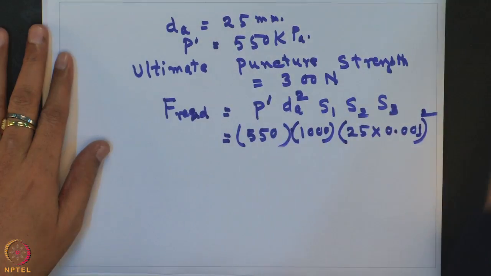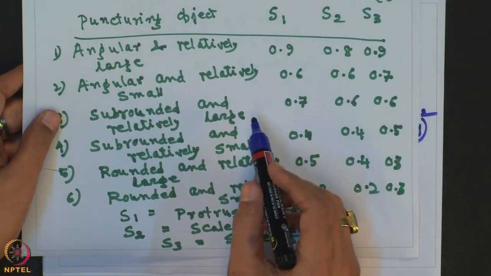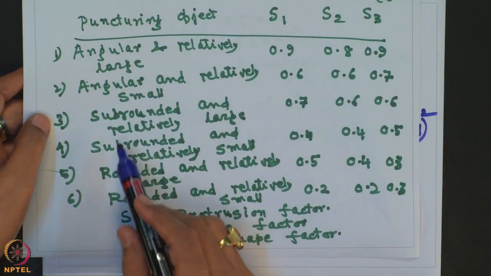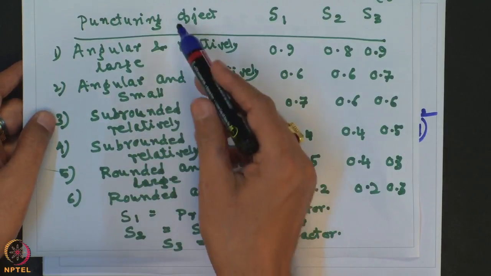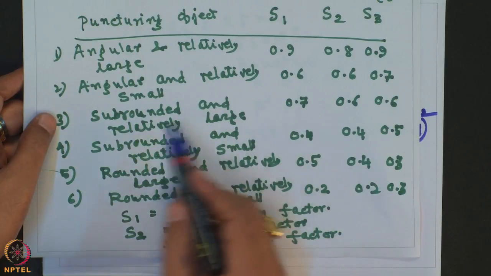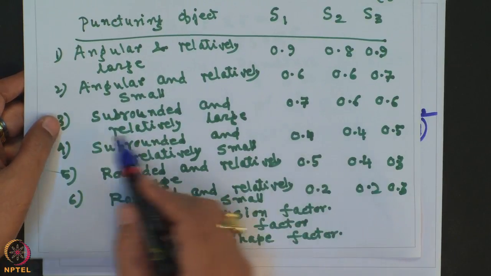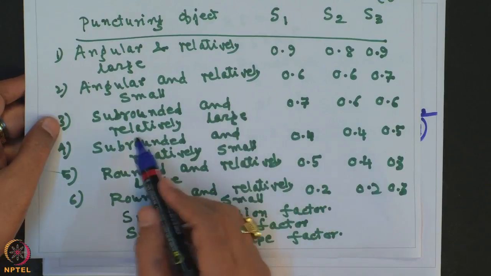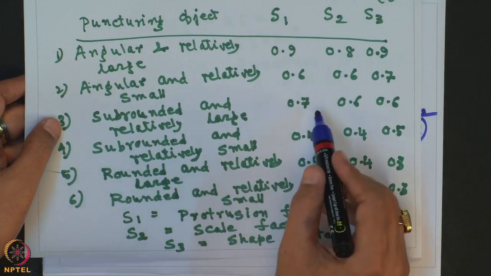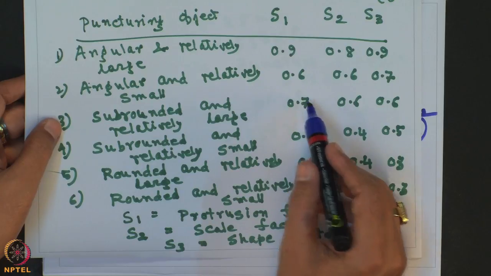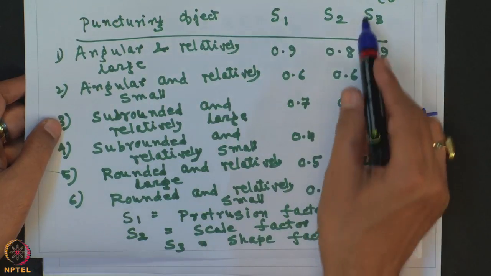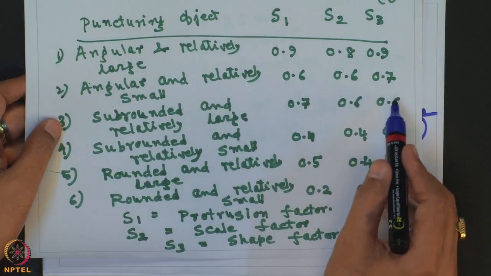This value we have to choose from this table depending upon the type of the puncturing object. For example, we can say it is sub-rounded and relatively large. So, we have to adopt some S1 value, some S2 value and some S3 value from this table.